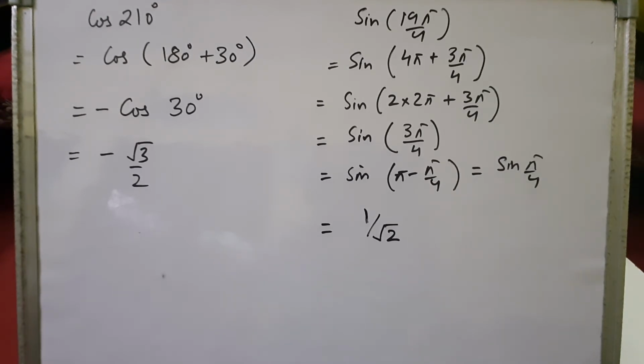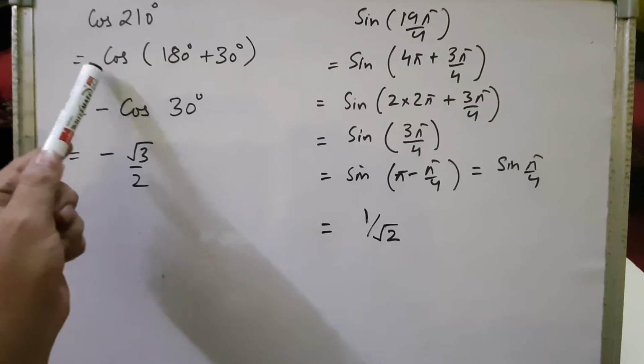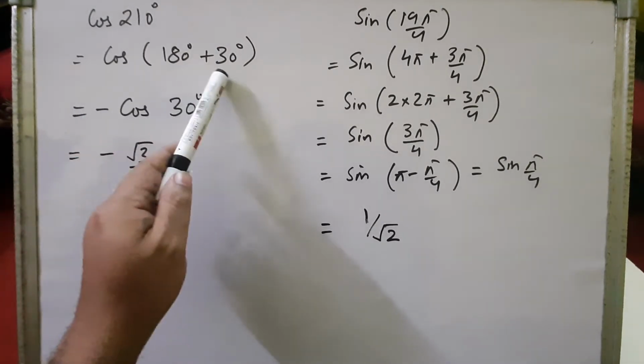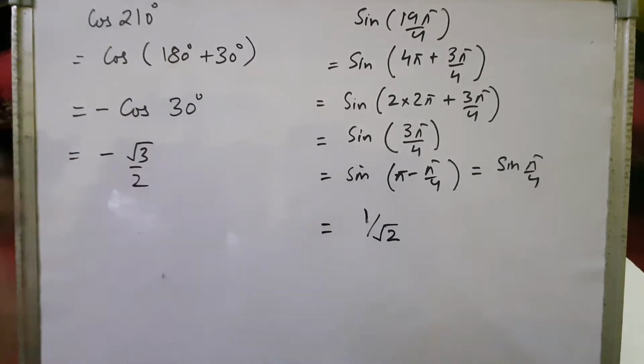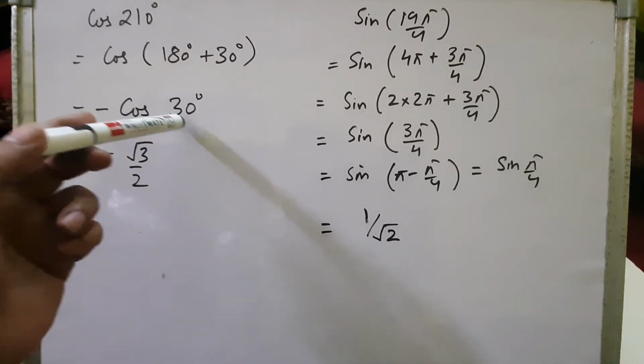Okay, children. So 180 is there, so cos will remain the same. With 180 plus theta, you are adding something to 180 degrees, so this angle will lie in the third quadrant. In the third quadrant, cos is negative. So it will be minus cos 30 degrees.